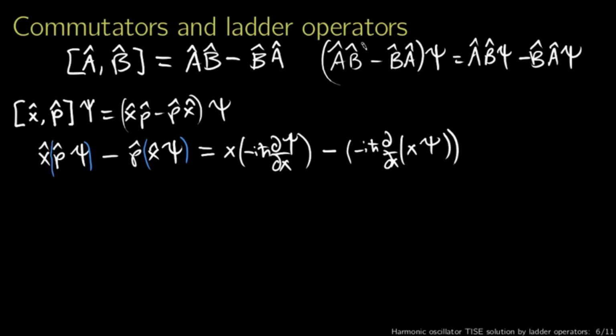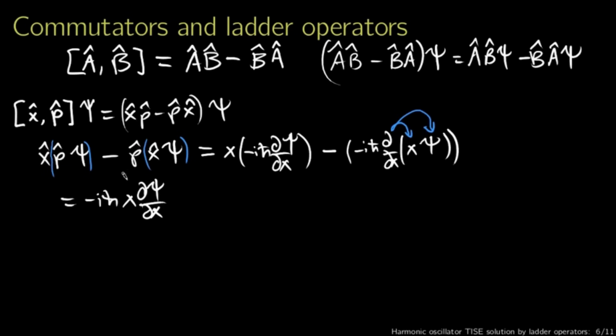When I apply the derivative here, I have to use the product rule, since I have a product of these terms. I'll have to hit x in one term and psi in the other term. The leftmost term here is easy to deal with. It's just minus i h bar x d psi dx.